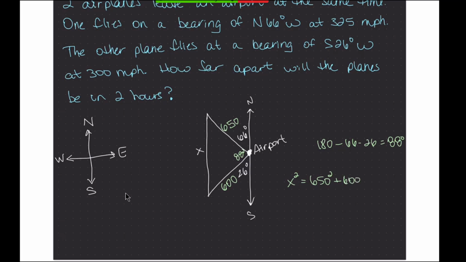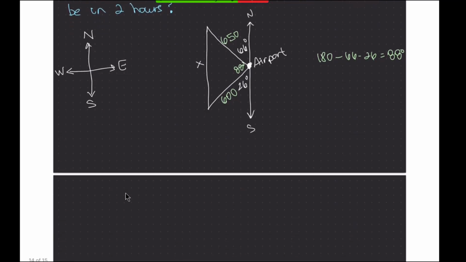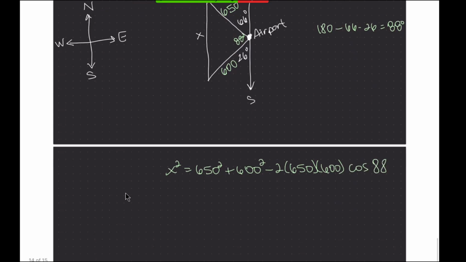I'm going to run out of room, so I'm going to rewrite this, guys. I think I'm going to put it below. Right. x squared equals one of our sides, 650 squared, plus our second side, 600 squared, minus 2 times 650 times 600 times the cosine of our angle, which was 88. Right?